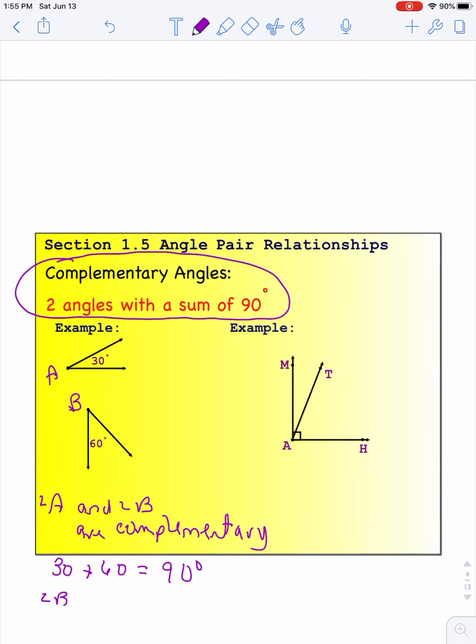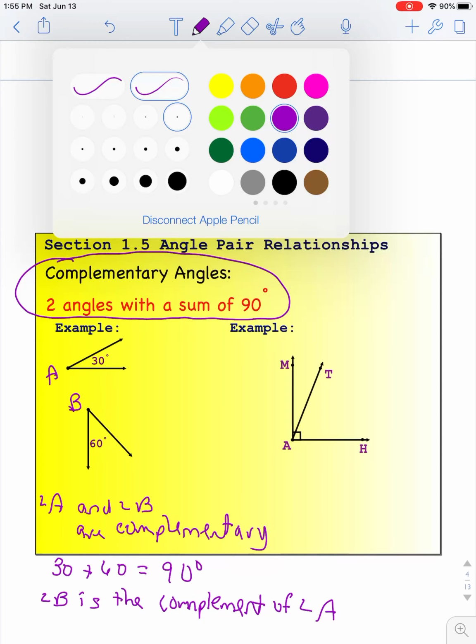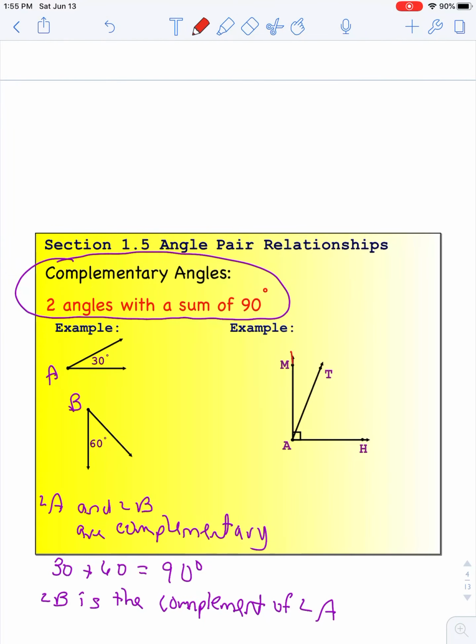We can also say that angle B is the complement of angle A. Sometimes you'll hear it stated that way. It means kind of the same thing. In the second example, you can have two angles that add up to 90 degrees that are within the same picture.